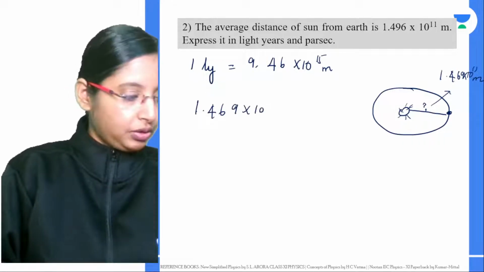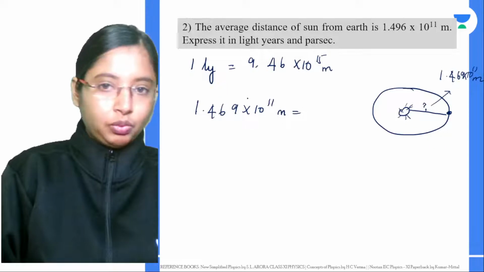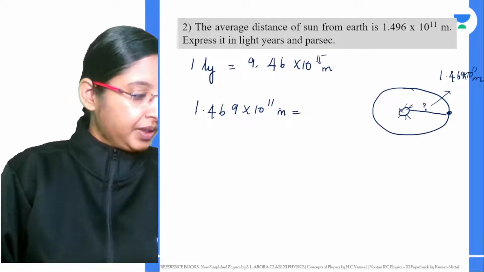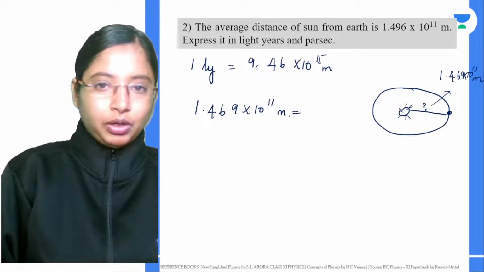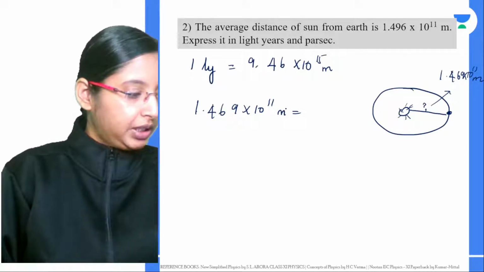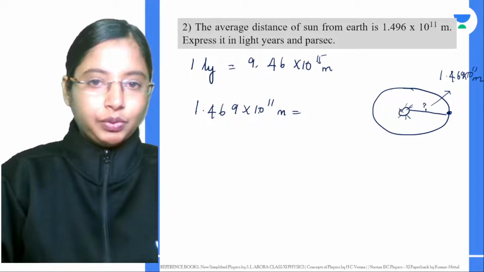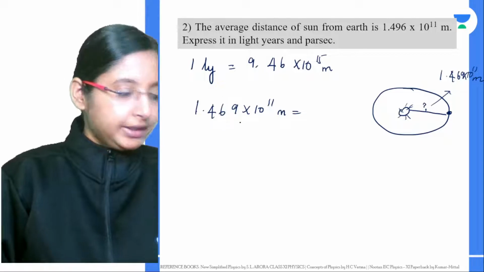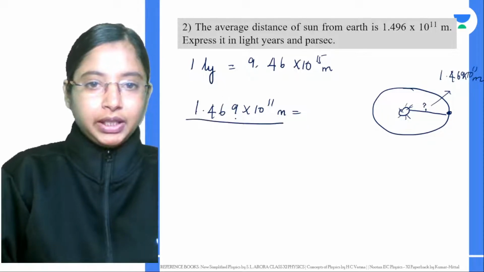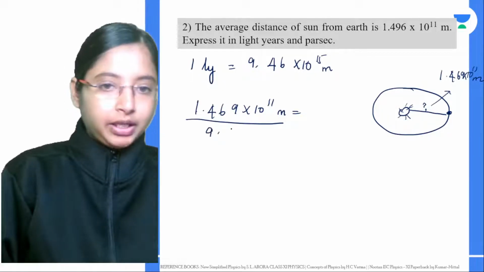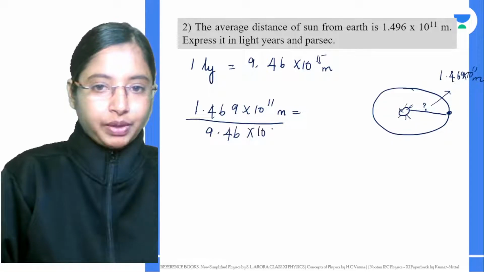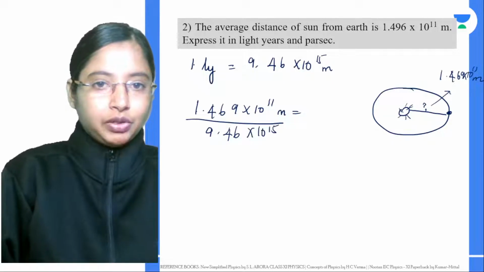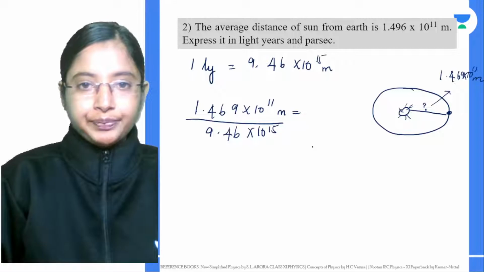Now, 1.469 into 10 to the power of 11 meters is equal to what? If you want this whole thing in terms of light years, then you have to divide this value by 9.46 into 10 to the power of 15 meters, because 1 light year is so many meters.